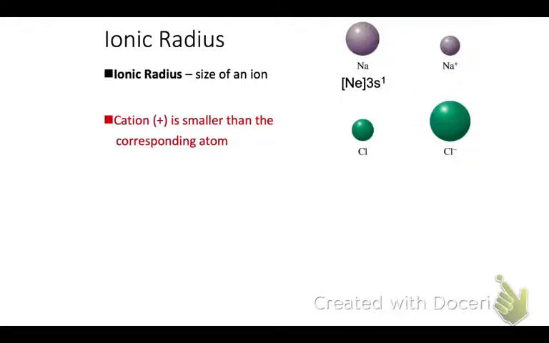Look at the electron configuration of a neutral sodium. It's neon and then 3s1. Now, when it comes to the sodium cation, it will lose this electron here, which means it will be left with only neon, and neon is in the previous n level, so naturally the sodium cation will get smaller.